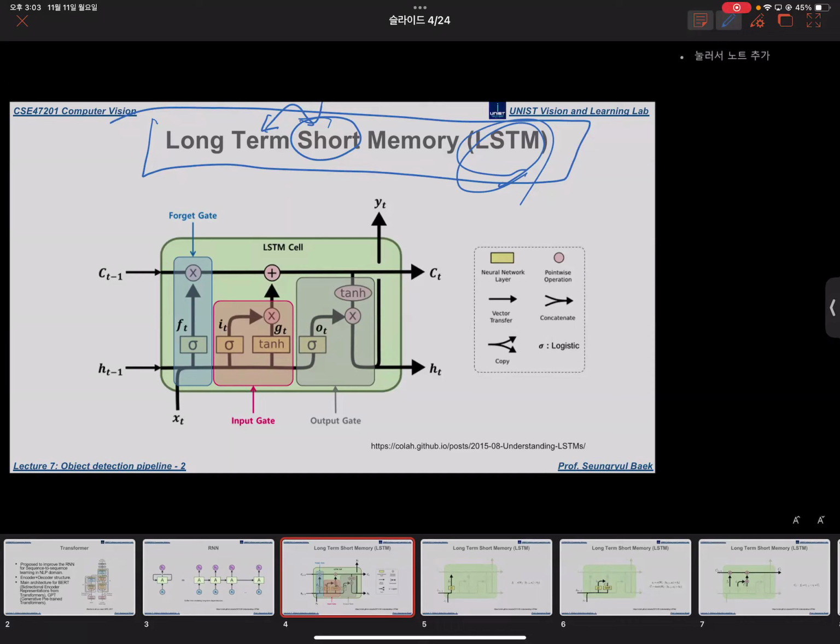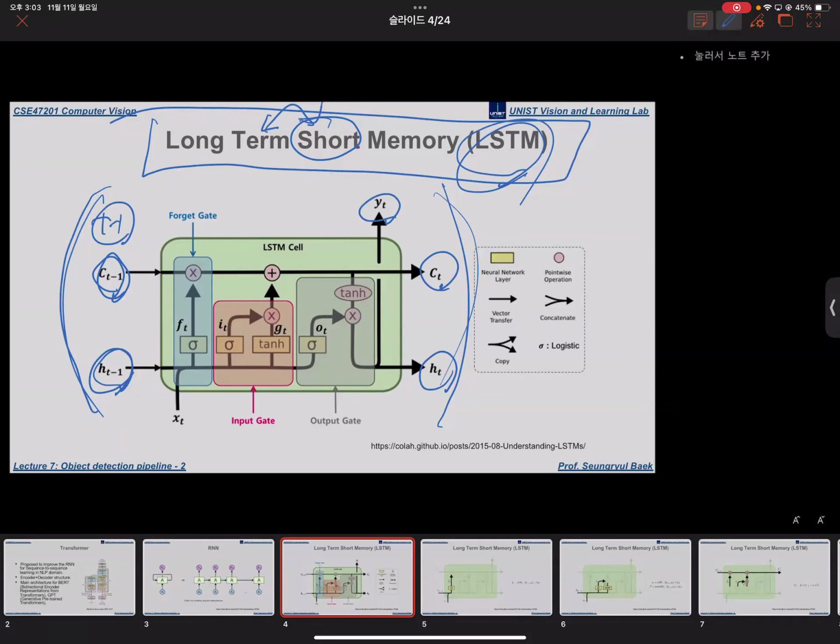Okay. And their architecture is like this. So we draw the LSTM architecture like this. In the T-1 signal, there are 2 inputs, and we output actually 3 things for the T frame.